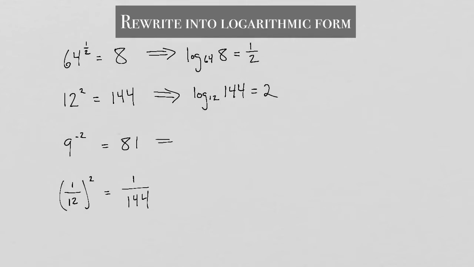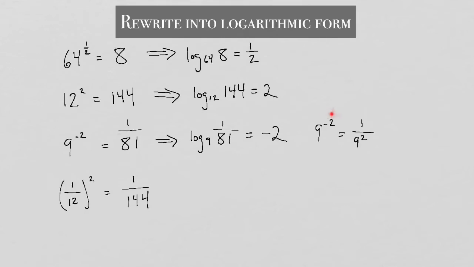Okay, this next one, we know we have log base 9, right? This is your base number. Log base 9 of 1 over 81 equals -2. That's saying that 9 raised to the -2 power equals 1 over 9 squared.